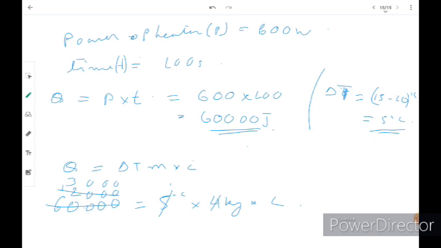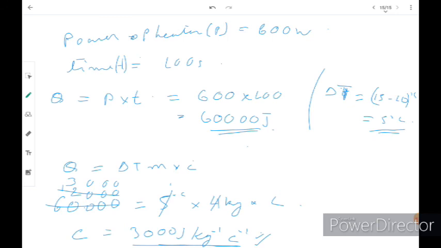So specific heat capacity C is equal to 3000 joule per kg per degree C or degree inverse. In case of degree C you can write Kelvin also, no problem. So this is the answer, C is equal to 3000 joule per kg per degree.